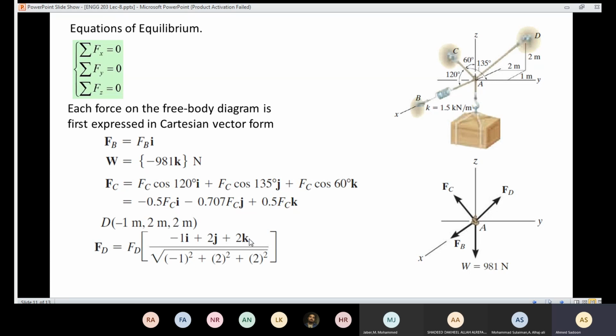I can easily calculate the magnitude: this part squared plus that part squared plus that part squared. Then when I multiply by the magnitude of FD, we have the FD vector. If you simplify that formula, we get the FD vector.